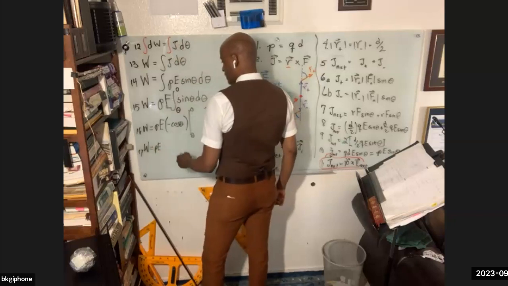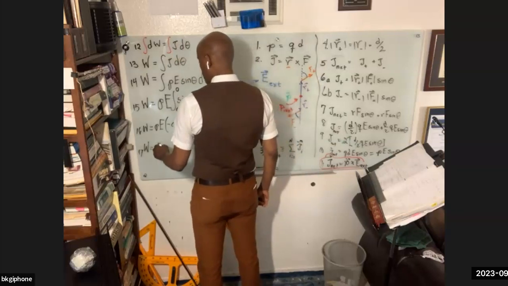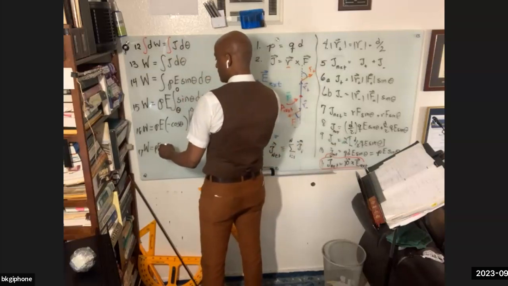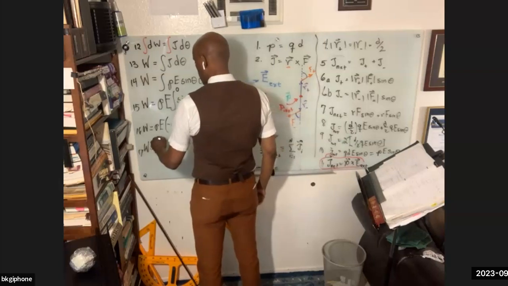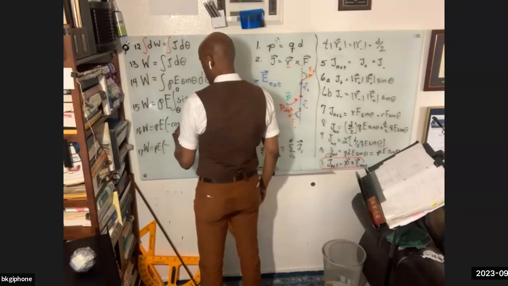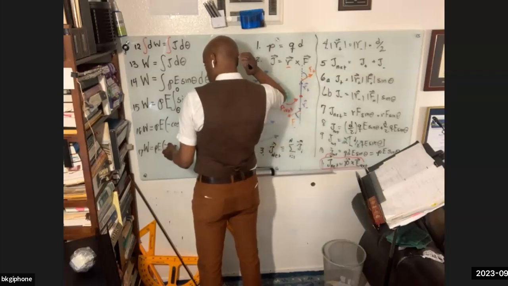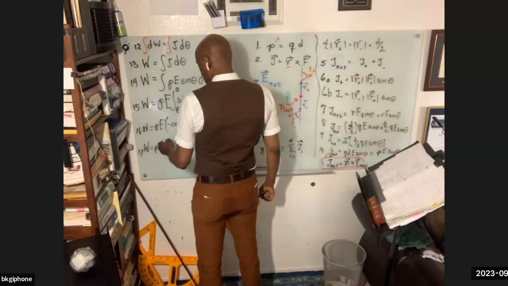So that's one negative sign. But the other negative sign comes from the fact that the limits are flipped. So we're going to get minus, put theta in there, and maybe you want to do a theta naught or something. I don't know, but whatever. I just keep it as a variable. That becomes minus cosine theta.